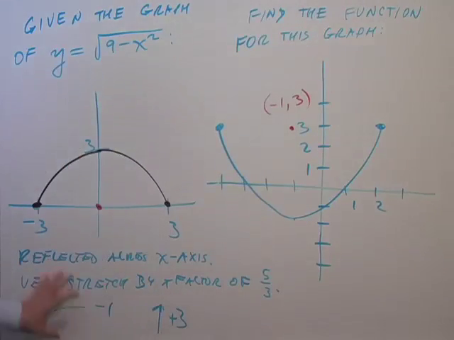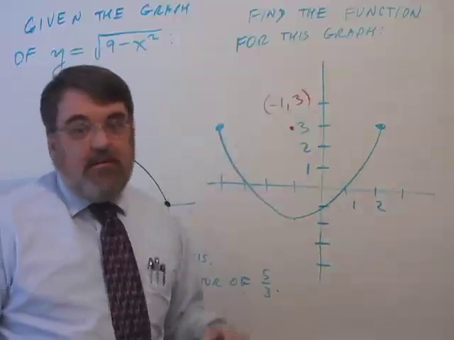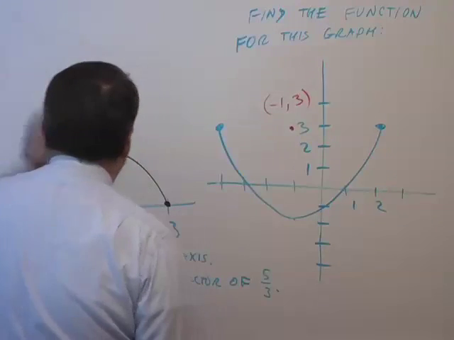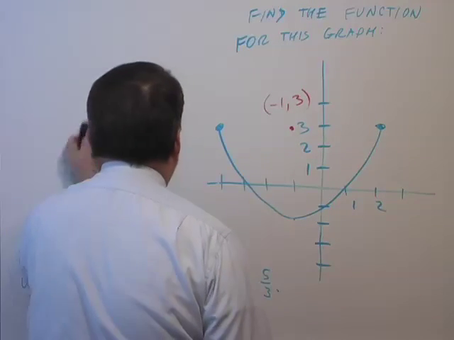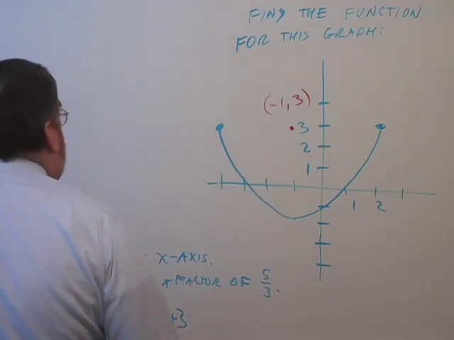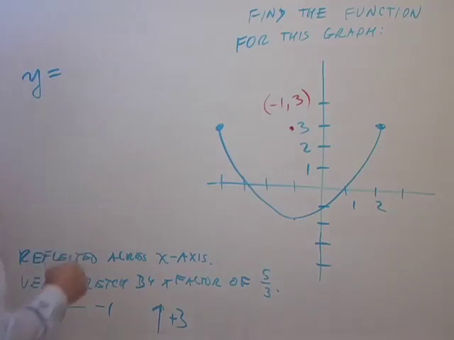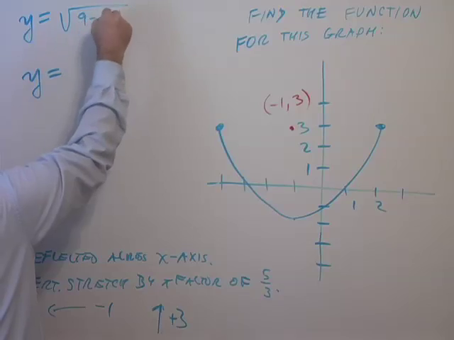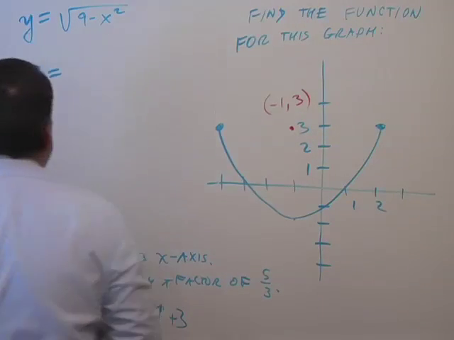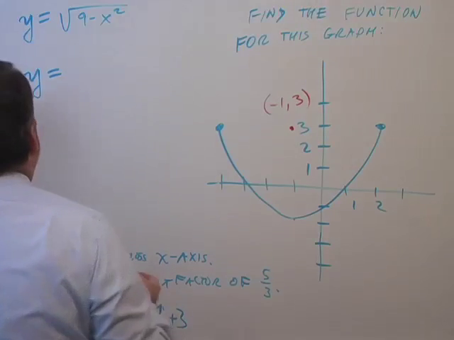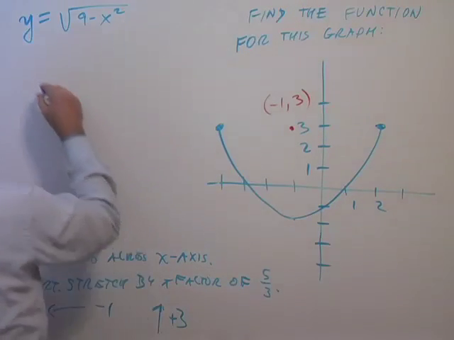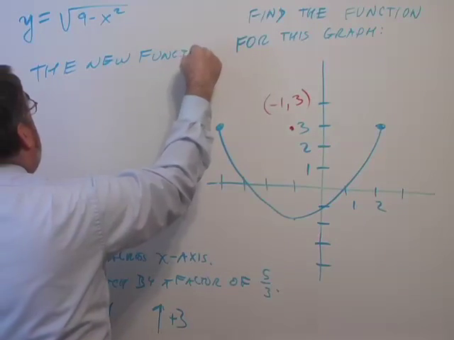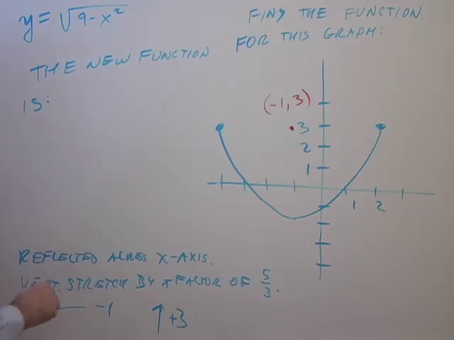Now all we have to do is take this information and write out the correct function. So I'm going to erase this to make room and write out this new function. Here it is, y equals. And you know what? I erased the original function. Let me put it back up there. Okay. The new function is, you ready?